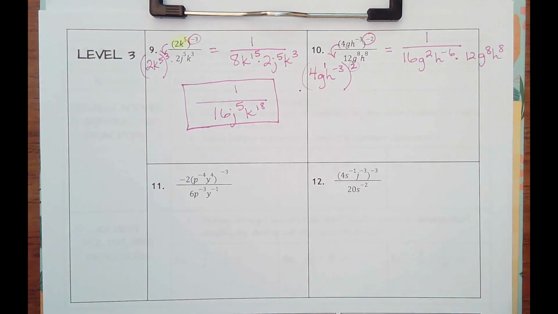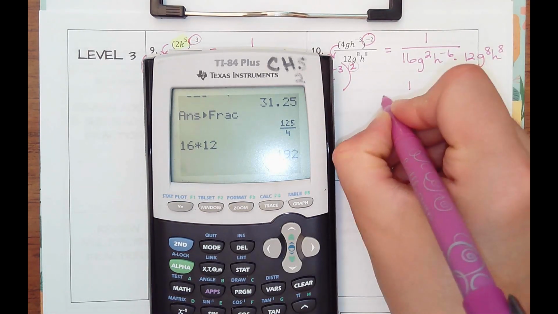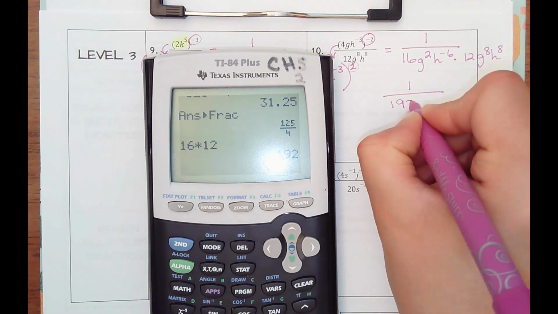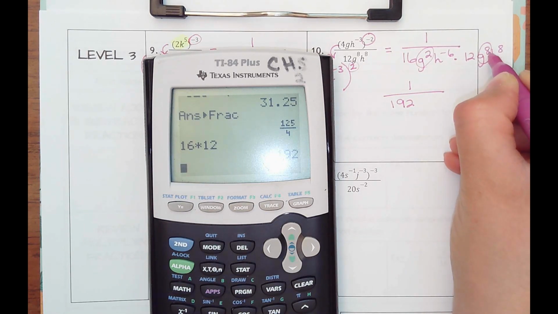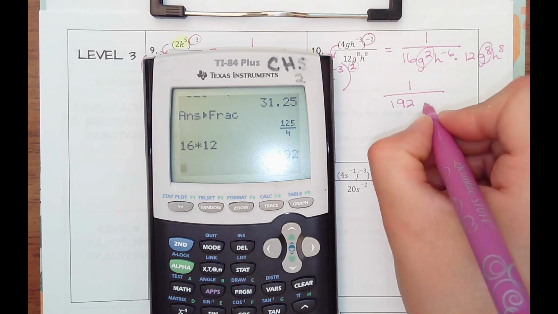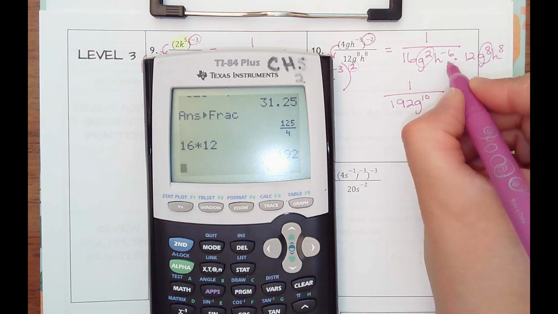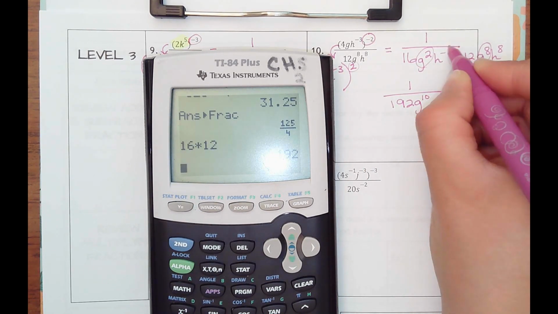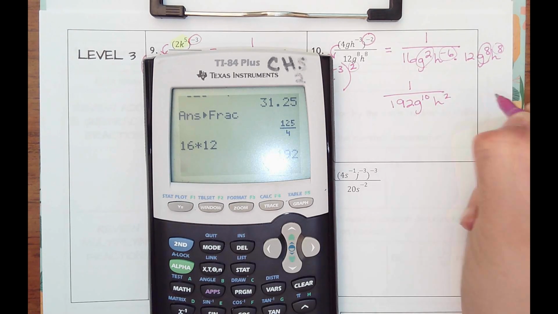It's going to get a big number. 16 times 12 is 192. G squared times g to the 8th. 8 plus 2 is 10. And then negative 6 plus 8 is h squared.